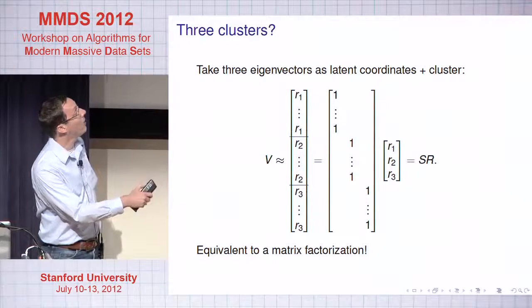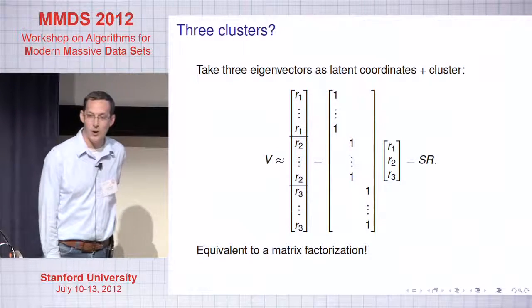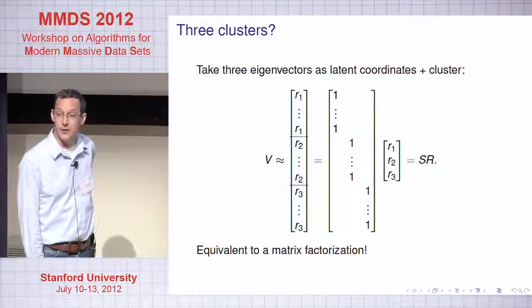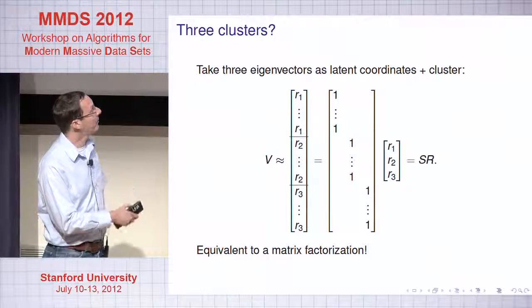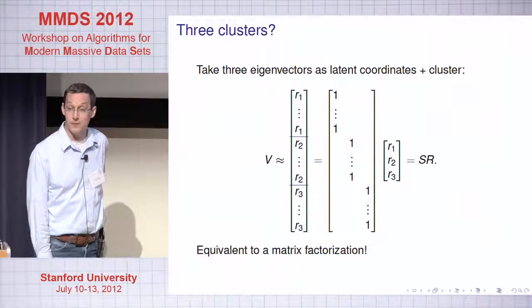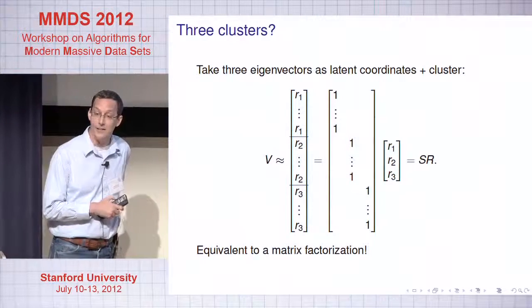Right? So I've got row 1, row 2, row 3, basically appearing over and over again in the nodes associated with the different clusters. And for the purposes of setting things up on the next slide, I'm going to think about this not in terms of k-means, but in terms of being a matrix factorization.